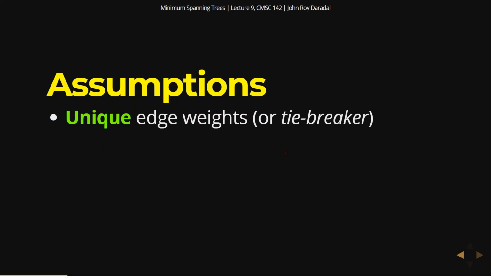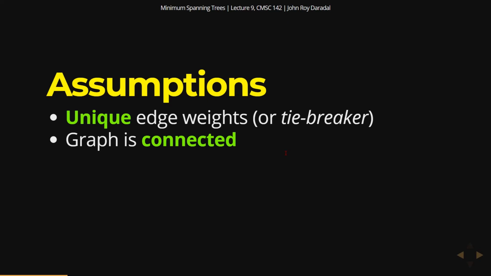So some assumptions that we need to make to make our algorithm easier or more straightforward. Let's assume that the edge weights are unique at first. But if they're not unique, at least assign a tiebreaker so that your algorithm will be straightforward, okay, and doesn't have to choose. Let's also assume that the graph is connected.